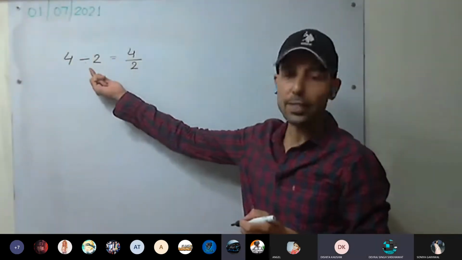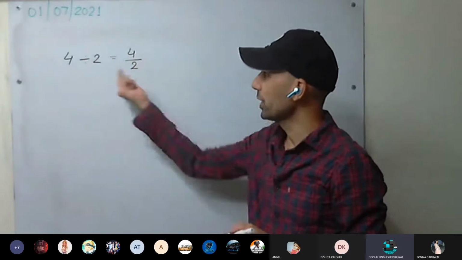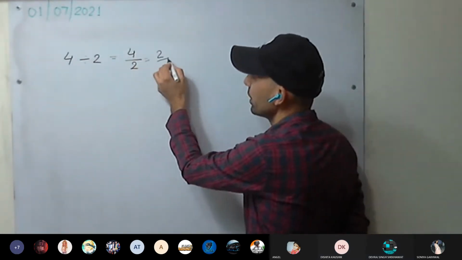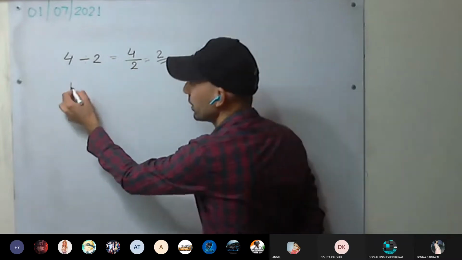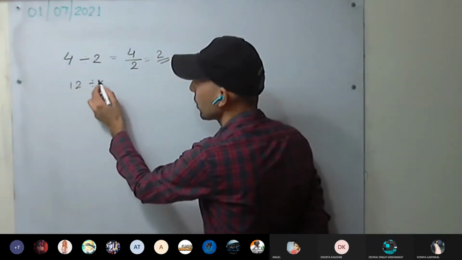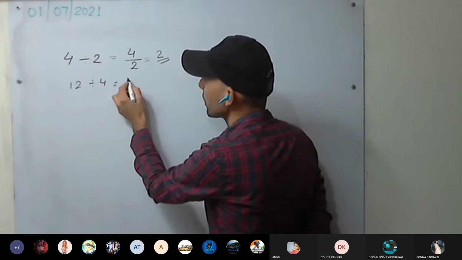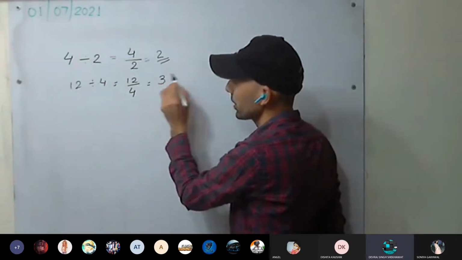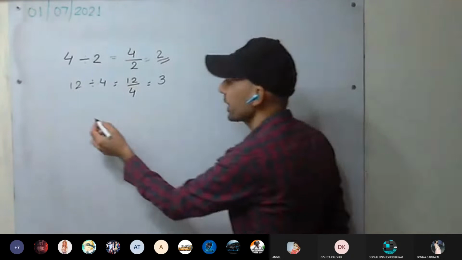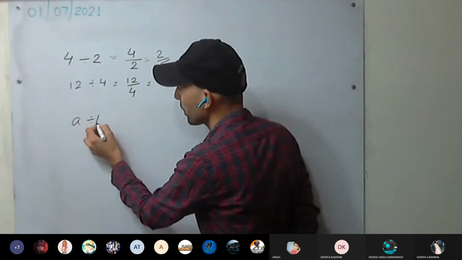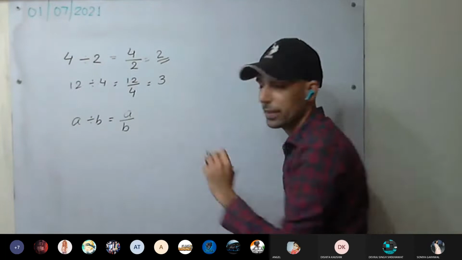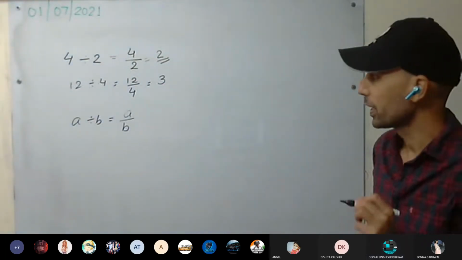Yes. 4 and 2 in the denominator, and further we cancel them. 2 is the answer. Similarly, 12 divided by 4 we can write, it will be 3. Now, if I say A divided by B, it can be written as A by B, A upon B.